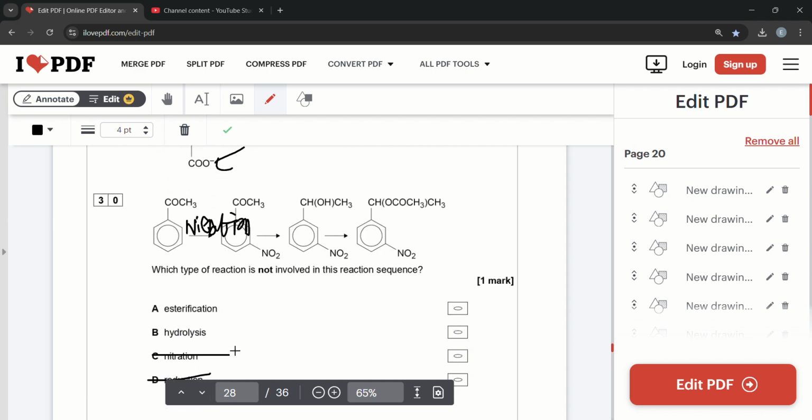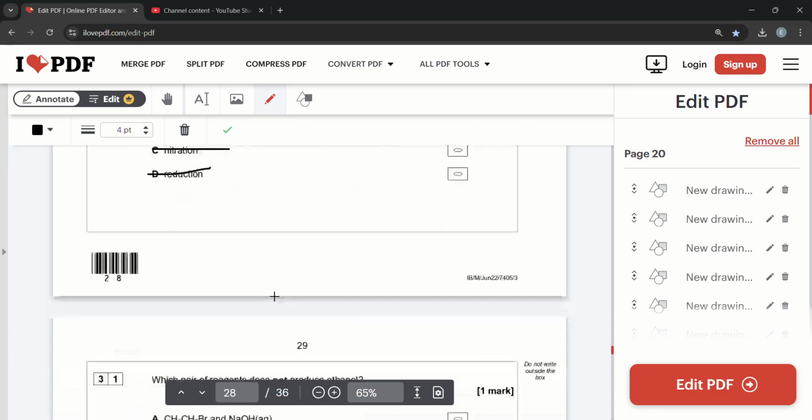That's esterification hydrolysis. And then we're going from here to here. That's reduction. And is that hydrolysis, esterification? That's esterification. Adding an ester link. You can see that, OCR. So therefore hydrolysis is not involved in this reaction sequence.